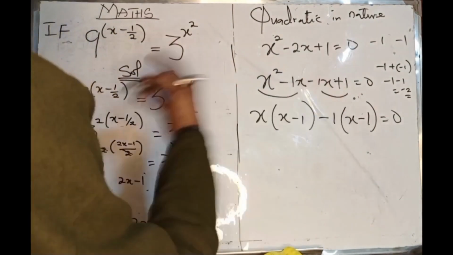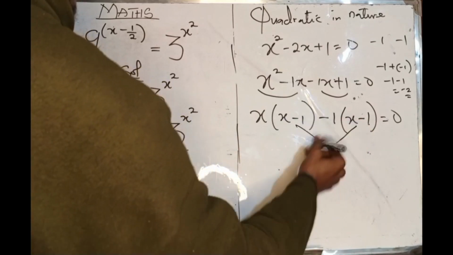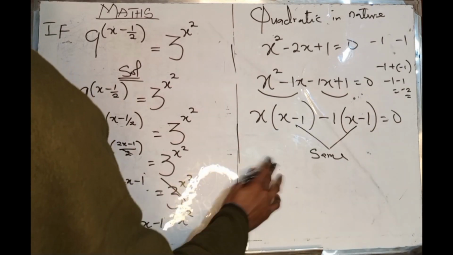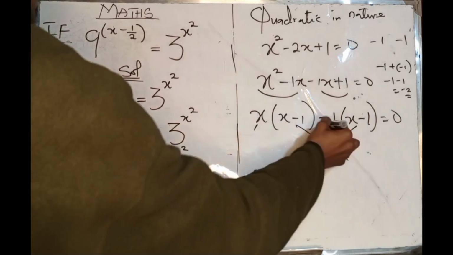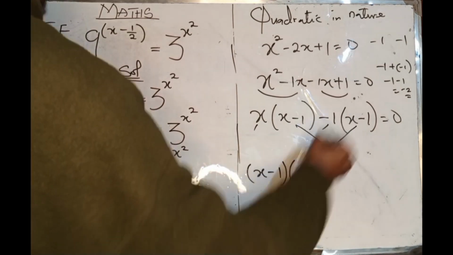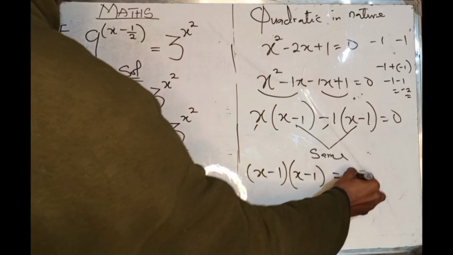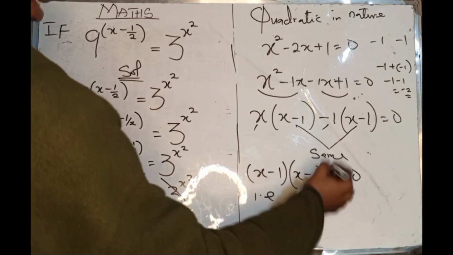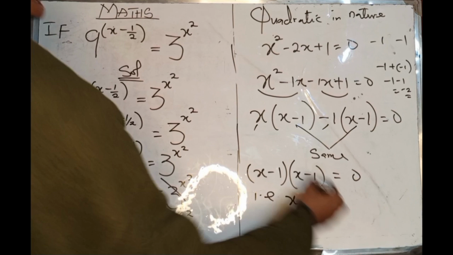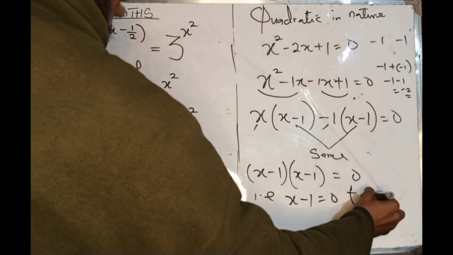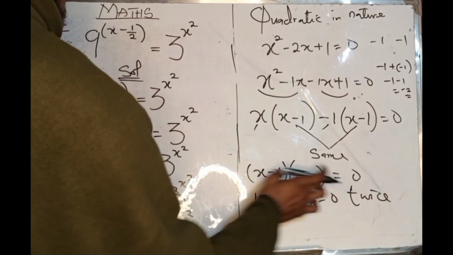Basically in a quadratic equation, these both brackets have to be the same as well. So guys, it's either we have x minus 1 equal to 0, I can pick out these outside ones first, whichever one. Since they are both the same, I'll end up having x minus 1 equal to 0 twice, because we obtain the same value in the bracket.